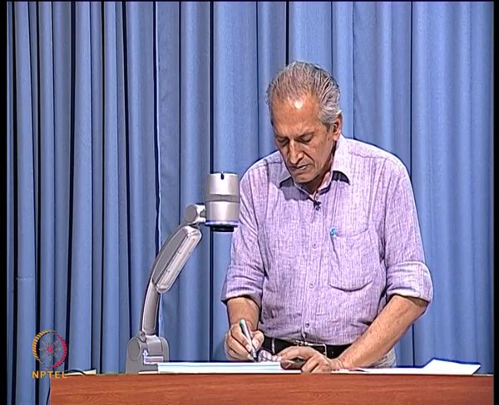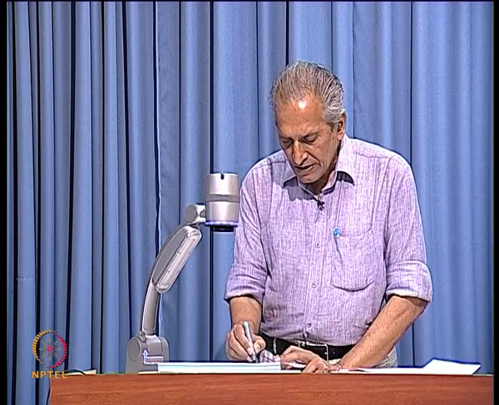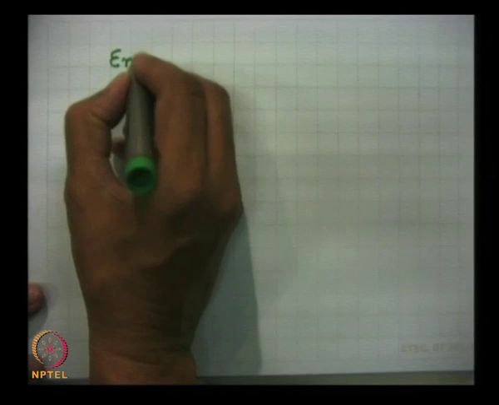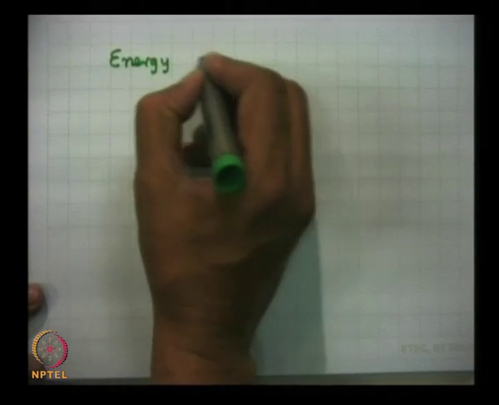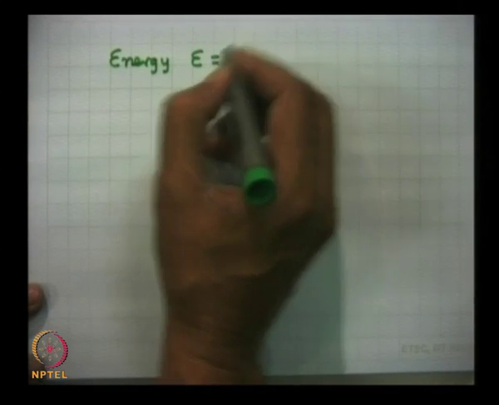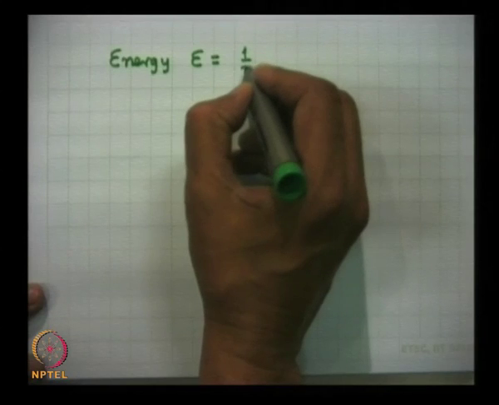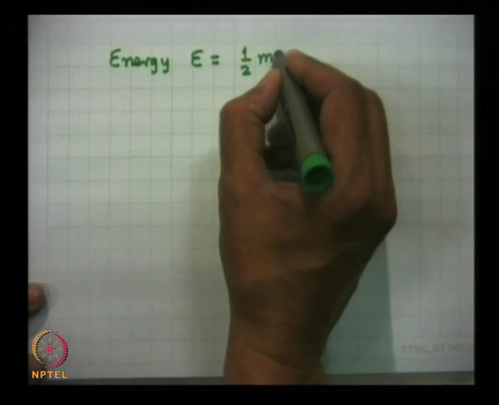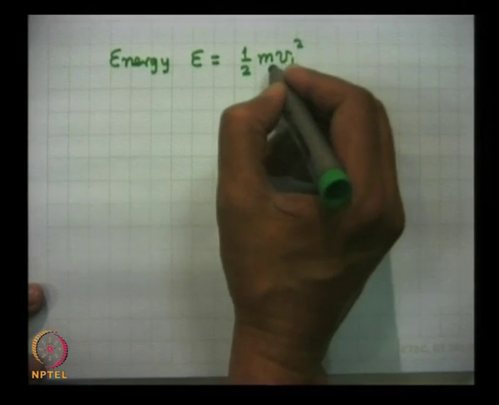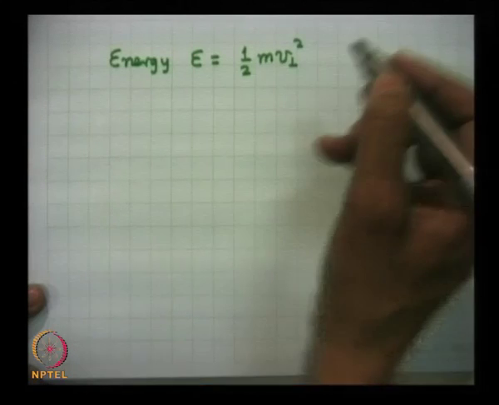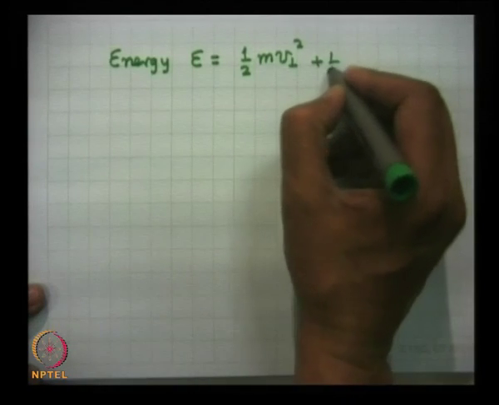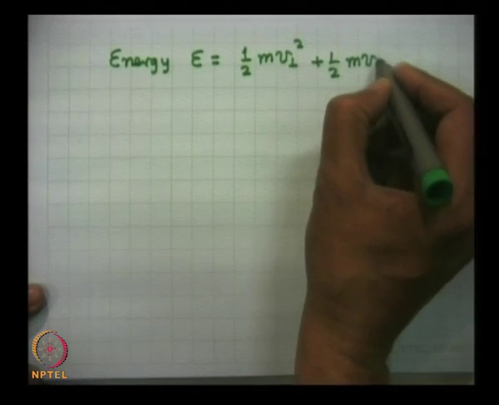for an electron moving in a magnetic field, the total energy of the particle is a constant of motion, and energy is defined as half m V_perp square, which is half m (V_x square plus V_y square), plus half m V_z square.